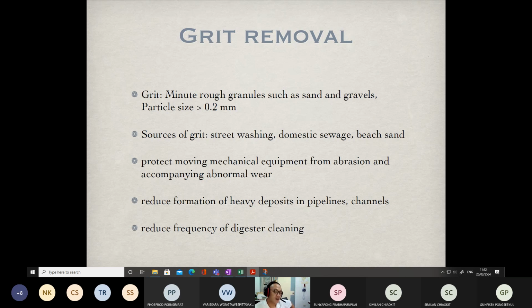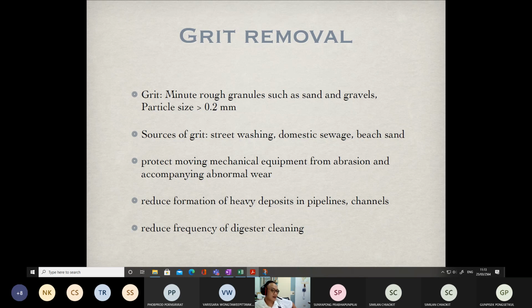So somehow we need to remove it first. If we don't remove grit, sand or gravel particles, what will happen? These particles may cause abrasion to moving equipment like pump impellers or the mixing equipment in the coagulation and flocculation processes.